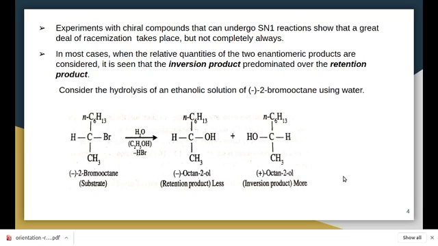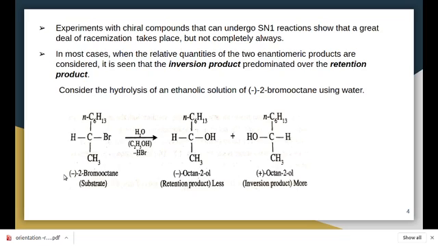Let us see why this occurs in the case of SN1 reaction. How do we know this is the inversion product? That we know from optical rotation. This has a negative value.